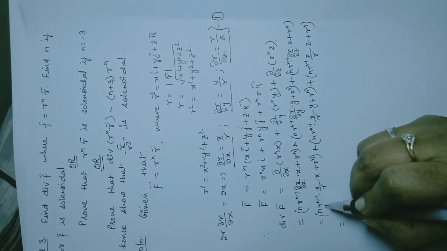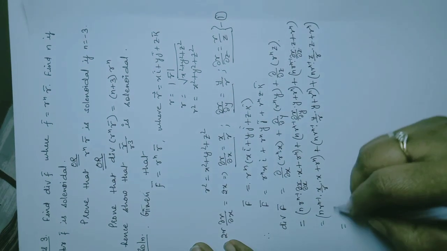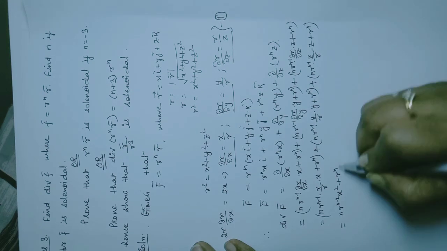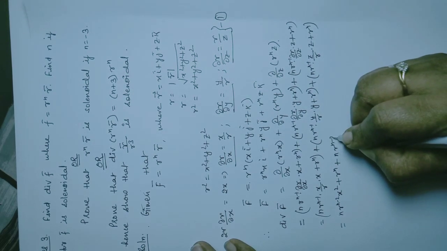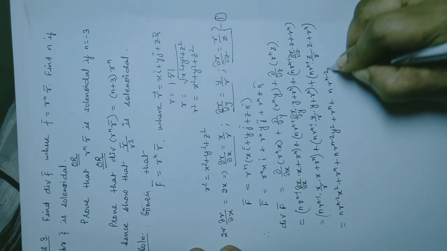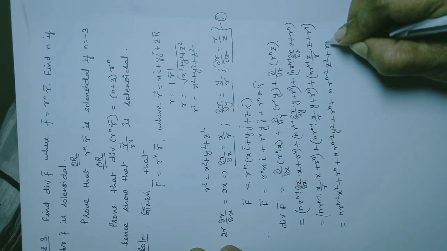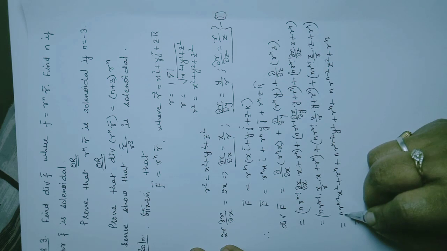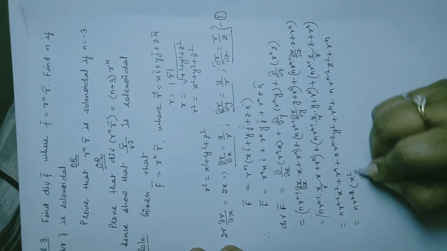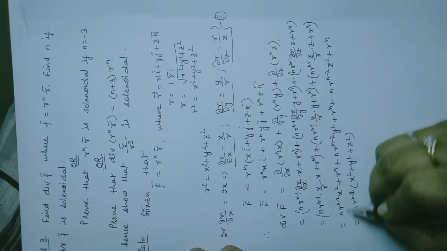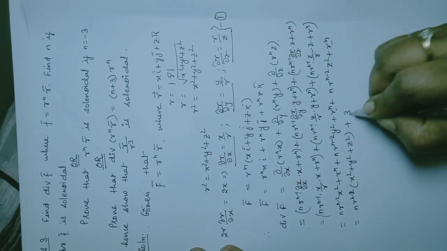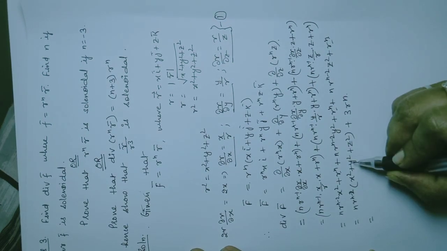So this becomes, right, n rⁿ⁻² x² plus rⁿ plus n rⁿ⁻² y² plus rⁿ plus n rⁿ⁻² z² plus rⁿ, which can also be written as, collect the terms of n rⁿ⁻², you have x² plus y² plus z², collect the terms here, plus rⁿ plus rⁿ plus rⁿ becomes 3rⁿ.